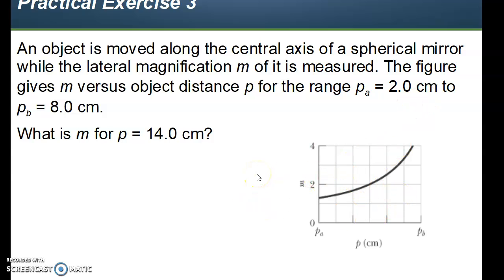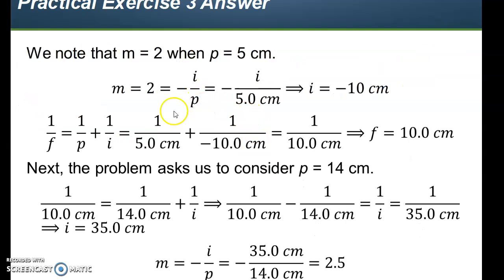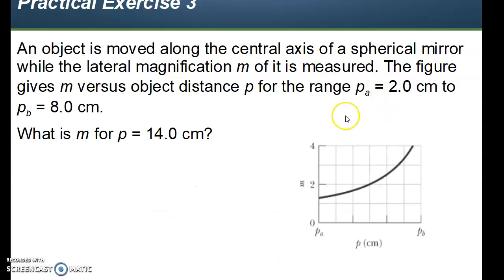So when you do that, remember, m equals, we'll see how they do this. m equals 2 equals -i over p, and that's going back and getting at this curve right here. So m equals 2 at this point right here. This point here is p at 5 centimeters.